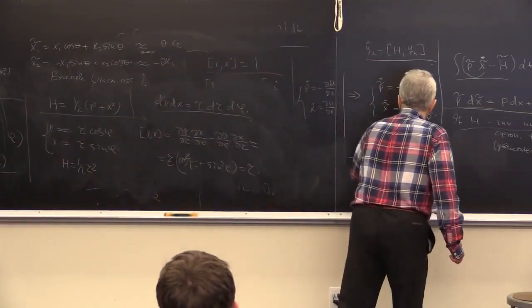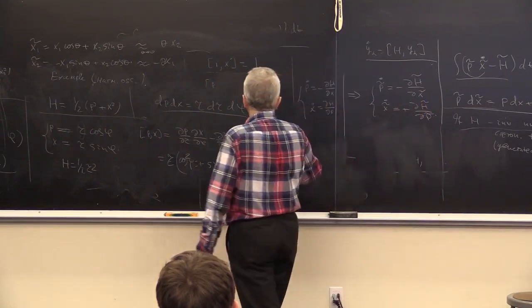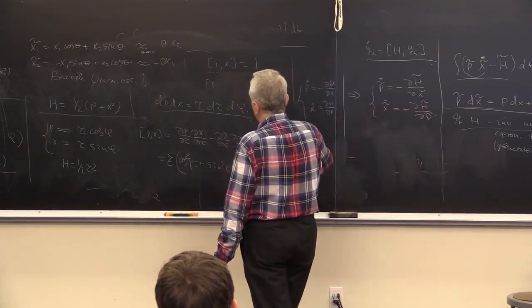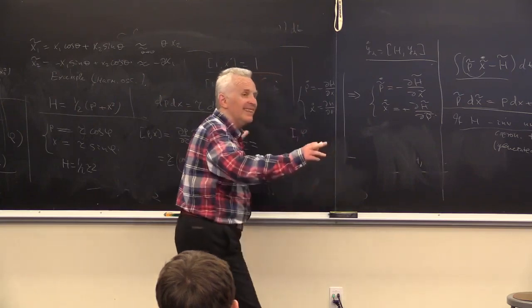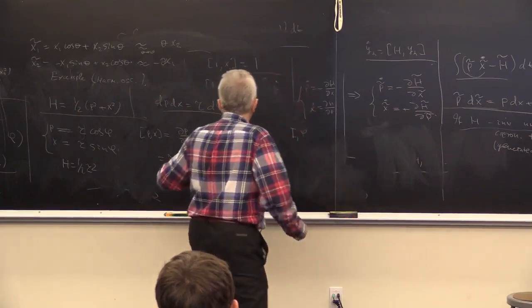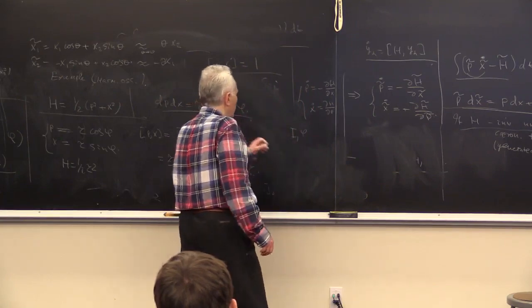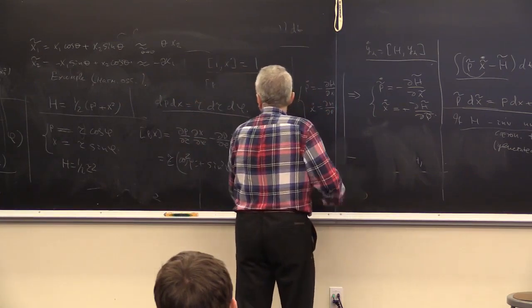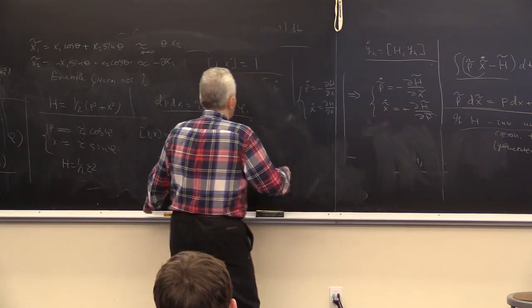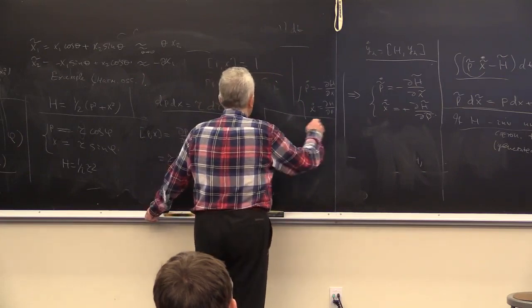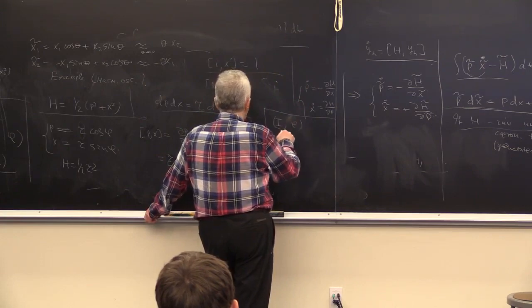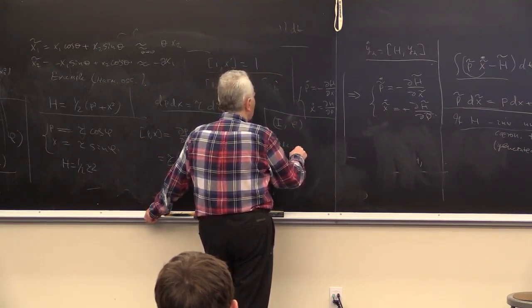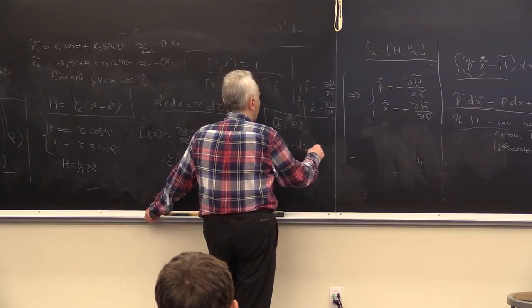So we are looking at variables I and phi, and we want dp dx to be dI d phi.